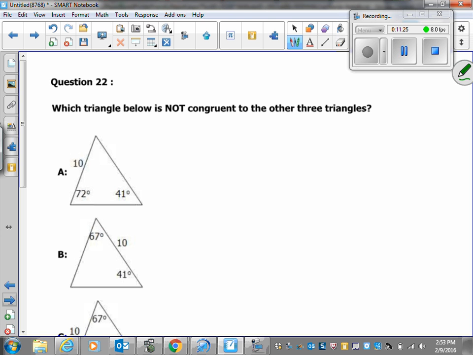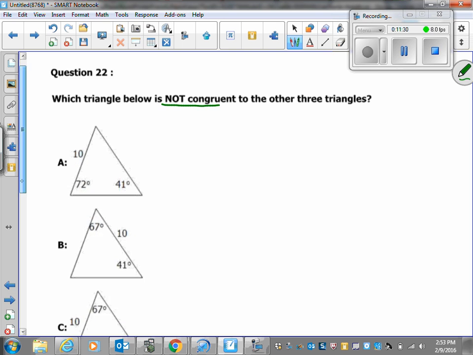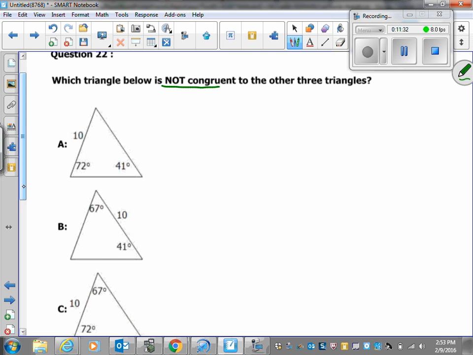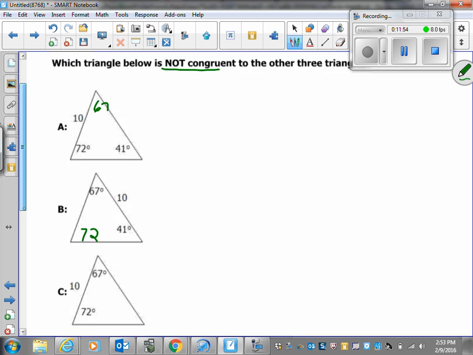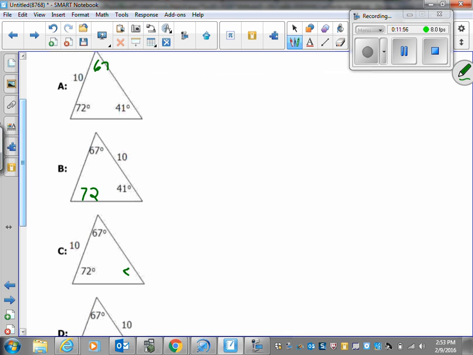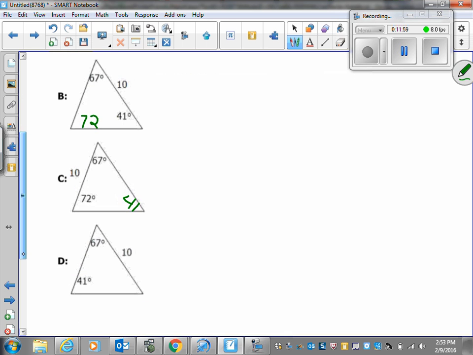Which triangle below is not congruent to the other three triangles? I think we did this, but just to make sure, you want to know the missing angle. So you have to do 72 plus 41 plus x equals 180, so just subtract. This would be 67. So 67 here, and 67, 41, 72 here, 67, 72, 41 here, and 67, 41.